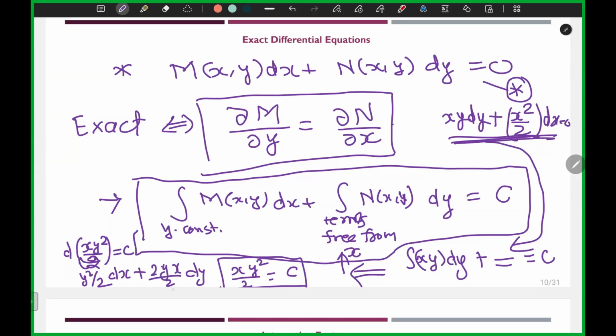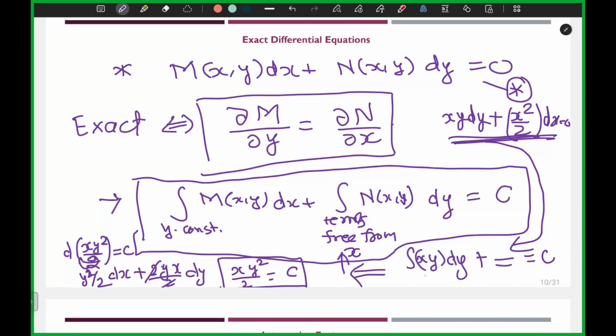So it is 2y square by 2. Terms free from x. What have we missed? Anyone? x square by 2.